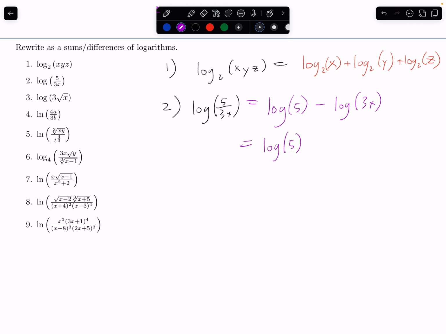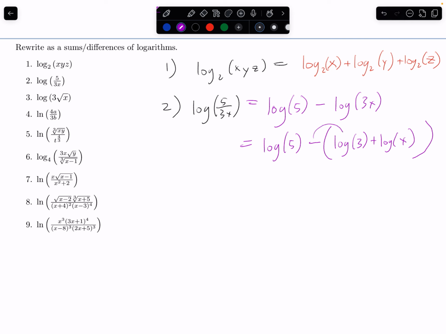Okay, be careful here though, guys, because you're subtracting this whole thing, right? What is that whole thing? If I'm going to split it up into 2, then I should make sure that this whole entity is treated as one big entity. So when I split this into log of 3 plus log of x, and I'm able to do that because multiplication becomes addition, well, I'm subtracting that whole thing.